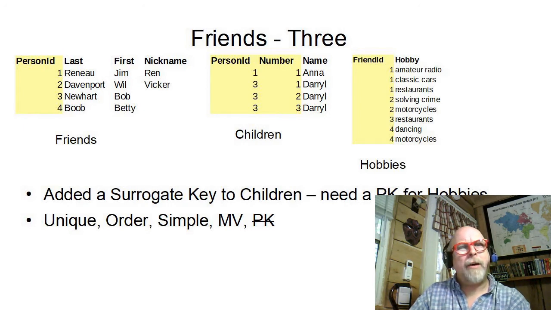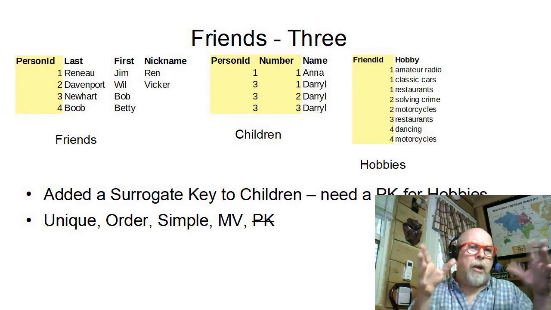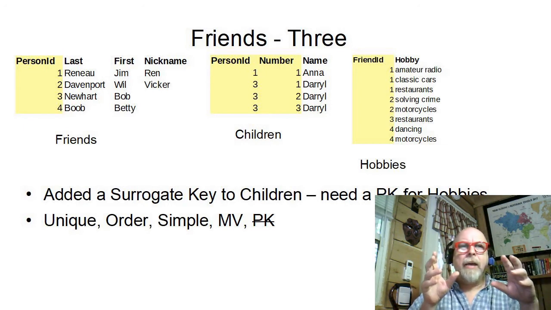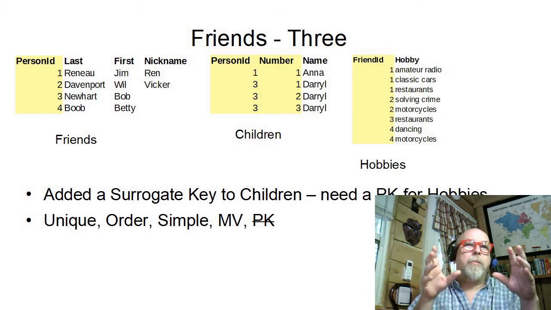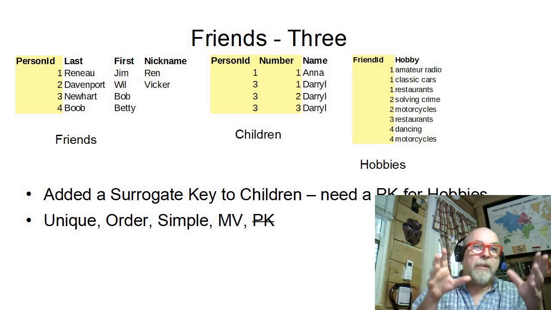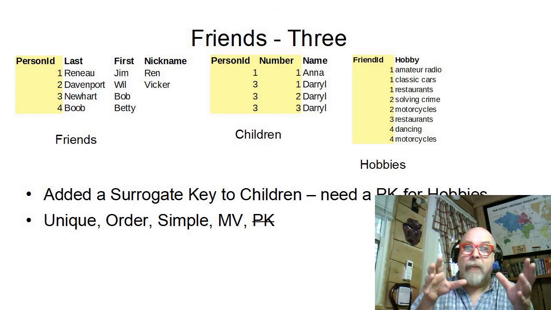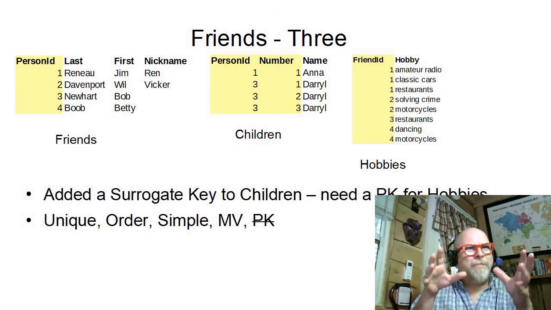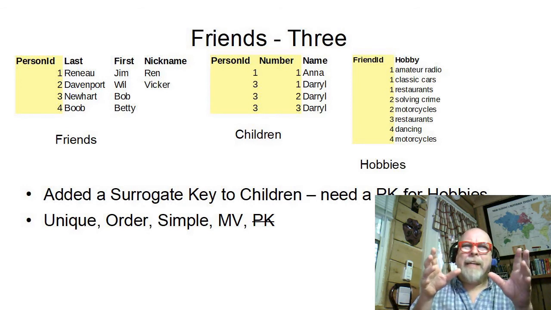No, because the hobbies are these big long strings, and I could misspell it, or finding all of the people that are interested in solving crimes. I've got some friends that are amateur sleuths. I don't like that as a done deal.